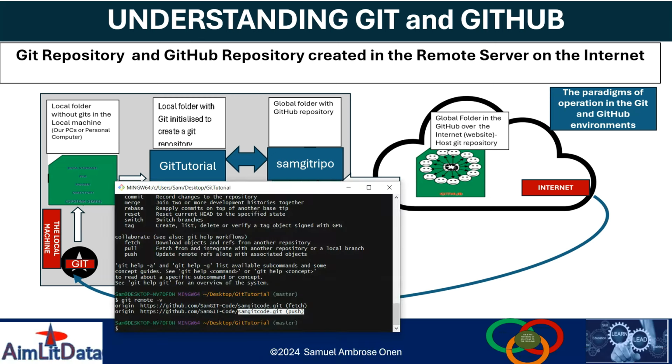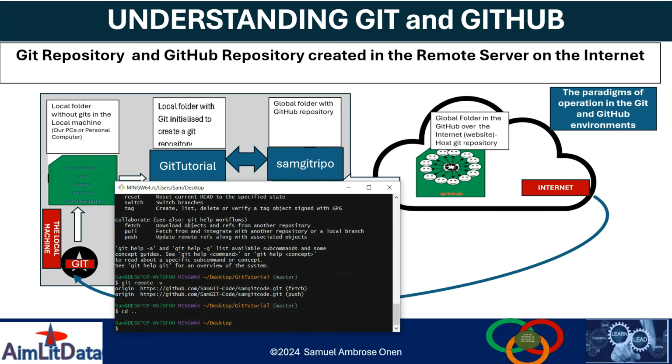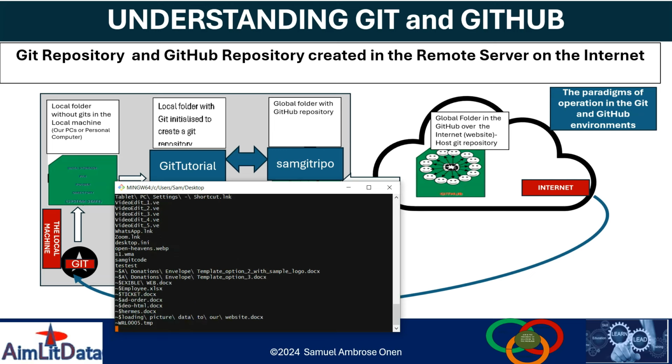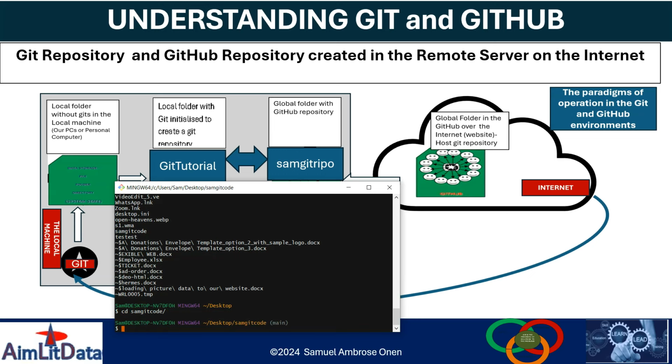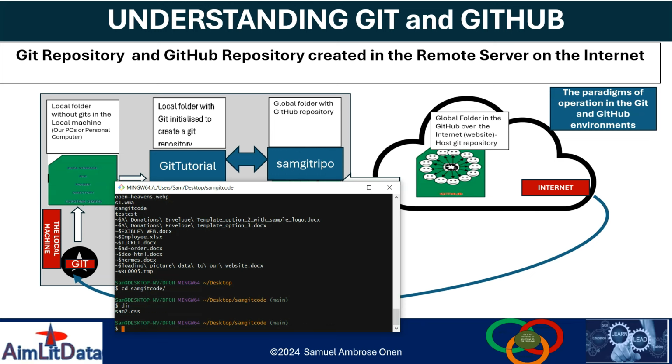Let's go to our desktop, change directory. This is our desktop, and then let's check what is there. Okay, let's change directory from here to Sam Git. Yeah, as you can see, this is Sam Git.